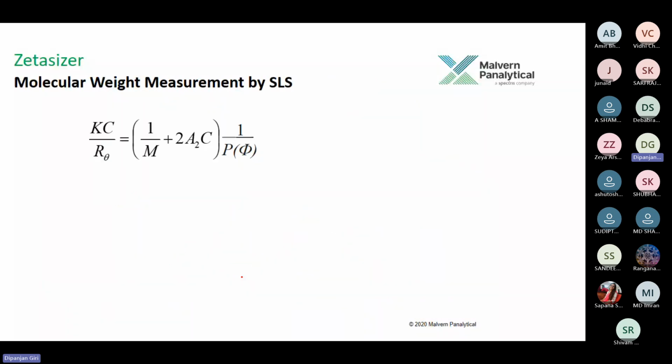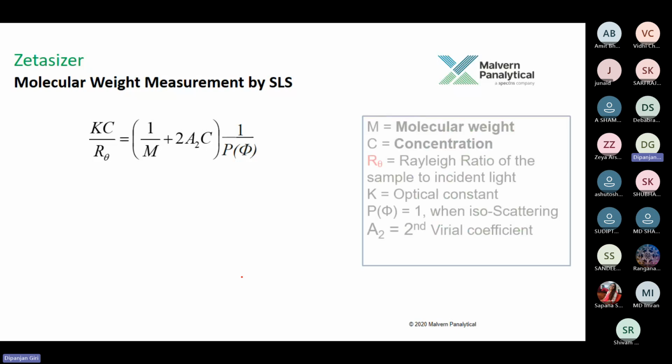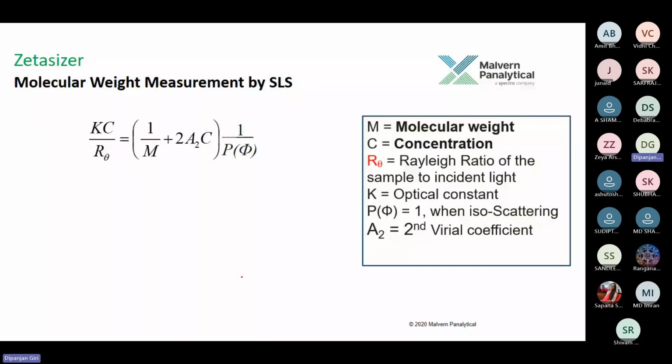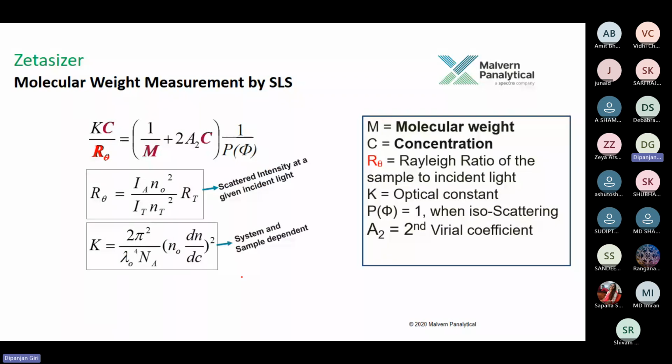If you simplify these equations with the Rayleigh ratio and optical constant, or this P theta angular term, you will come up with this kind of formula.